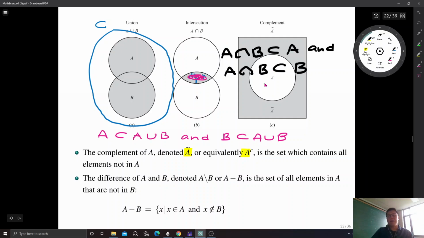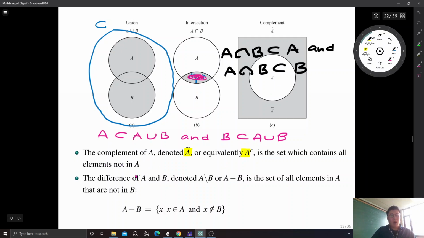So set A is a subset of this rectangular universal set. Then the complement of A is the collection of all elements not in A. So this is the shaded area, everything except set A. That is the complement.